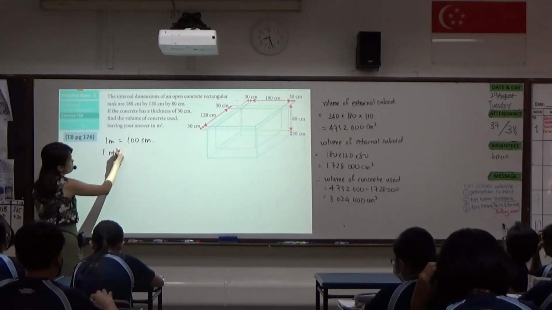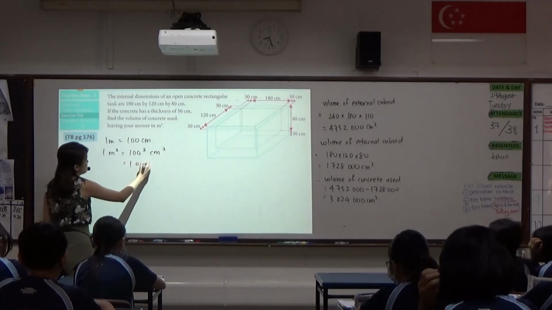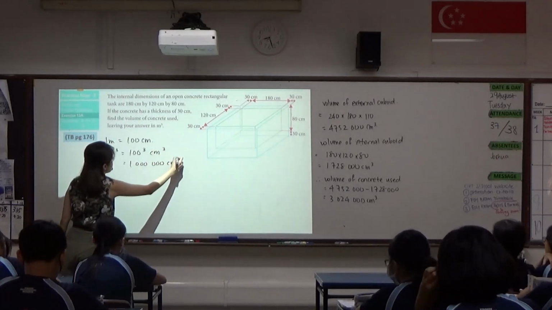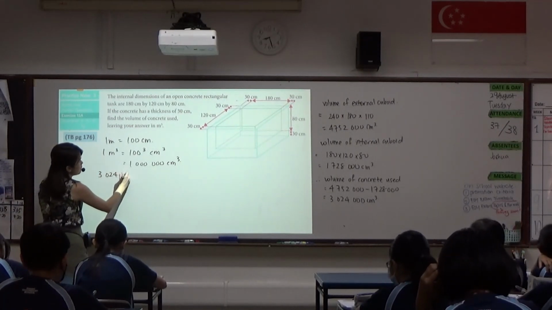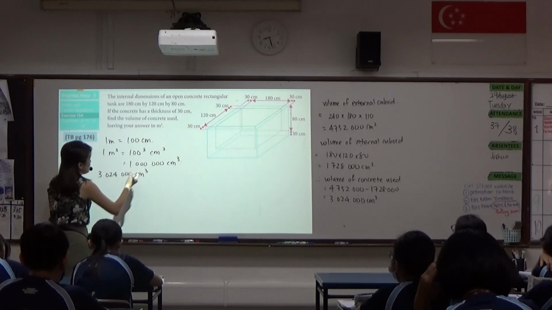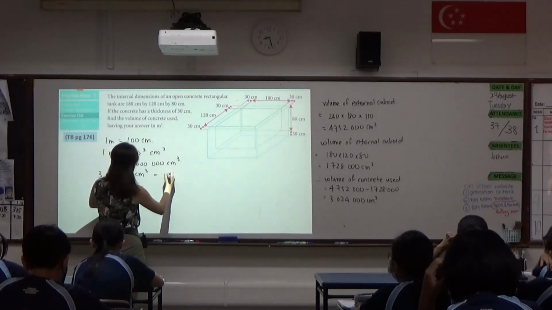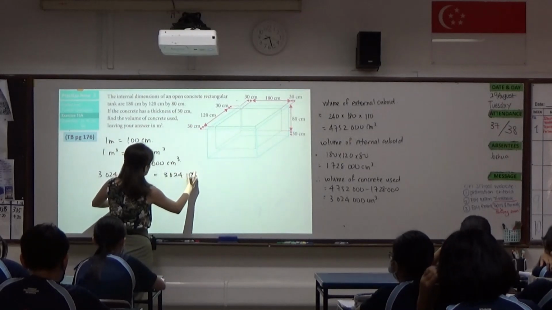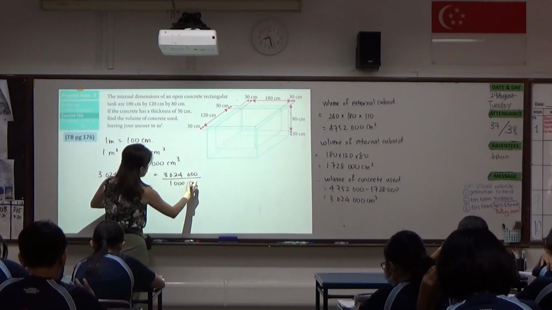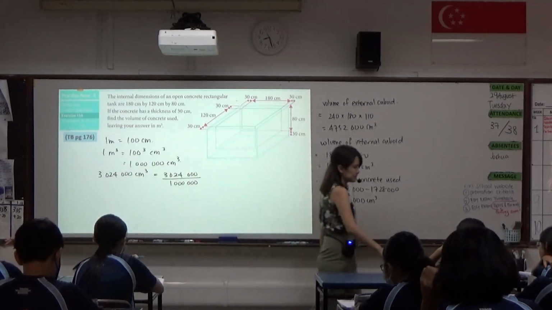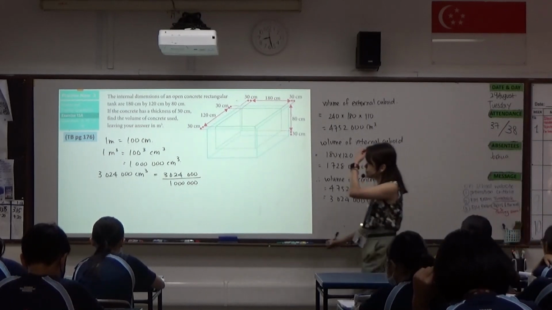So 1 meter cube is equal to 100 cubed cm cube, which is in fact 1 million. So that means that our 3024 and then 3 zeros cm cube will be equal to 3024, 3 zeros divided by 1 million. And then we get 3.024.